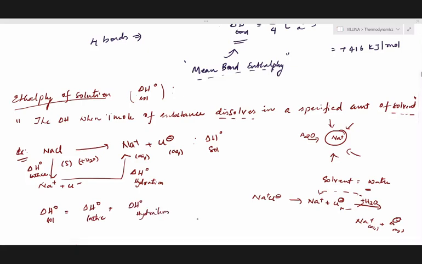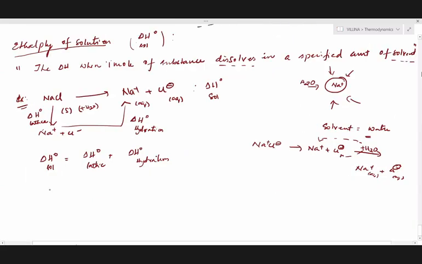Wait, yeah, this is lattice enthalpy plus enthalpy of hydration. So this enthalpy can be positive or negative. In order to dissolve a salt, we will be adding and stirring it, which means we are giving energy. Or else, if we heat it, the dissolution will be done in less time than when you are stirring it.